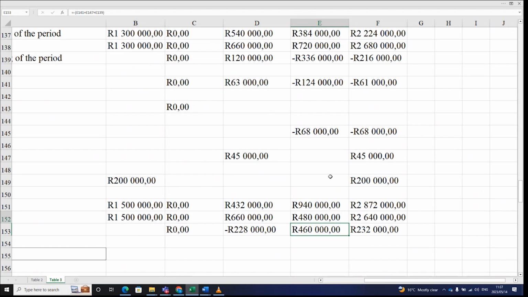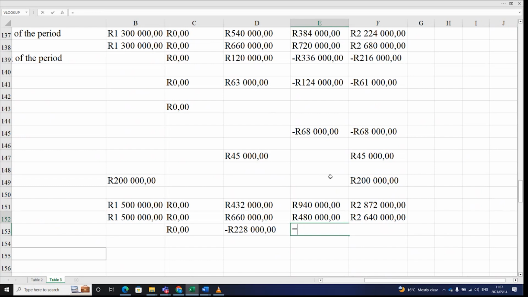Then accumulated depreciation wise, remember we have to take out the accumulated depreciation of the asset that was sold. So we only have the depreciation of the remaining assets.